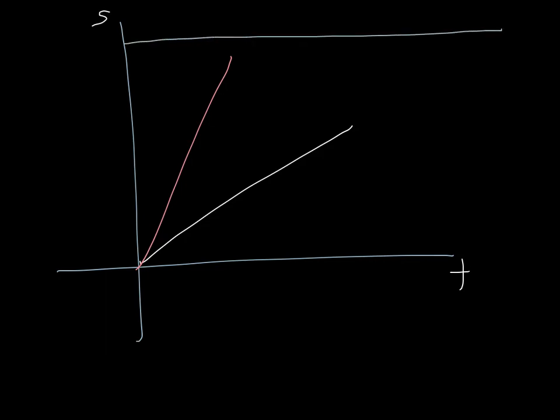So tell me, which of these lines has the highest acceleration? The blue, the red, or the white? And tell me, which of these lines has no acceleration? Blue, red, or white? Hopefully, you stopped the video and said, well, this one has the highest acceleration because speed is increasing the fastest, and this one has no acceleration because speed is always the same.